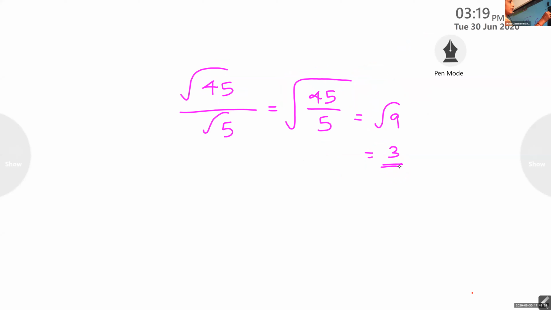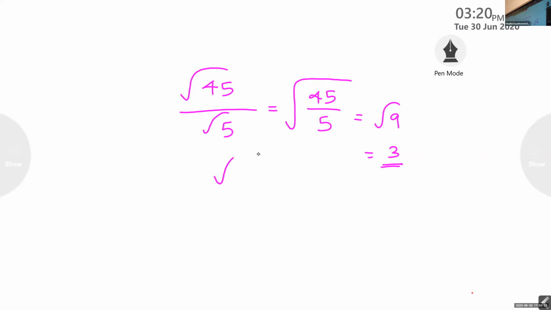Alia, 8B. It is Alia. It is 9th standard class. Okay. Now, Surya, will you tell the answer? Root 8 by root 2.